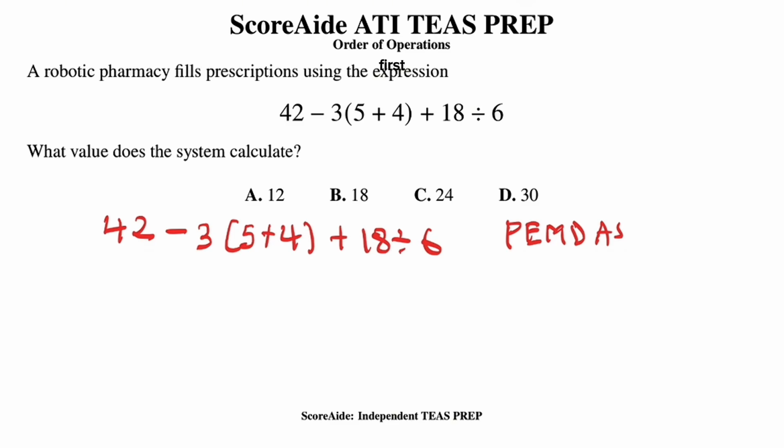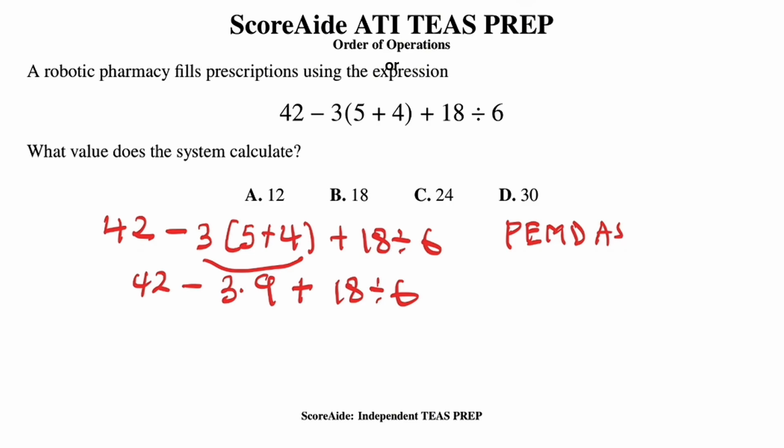So let's first of all deal with the parentheses. So 5 plus 4 is going to give us 9, right? And later we are going to multiply or divide, right? Multiplication and division go together.